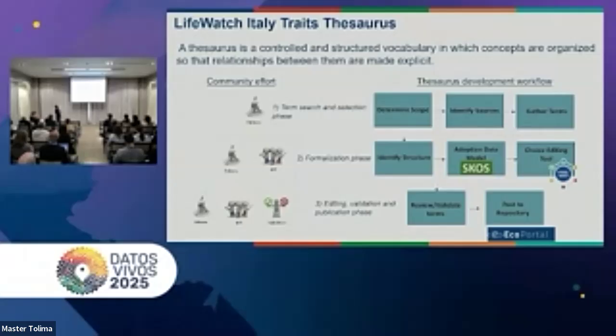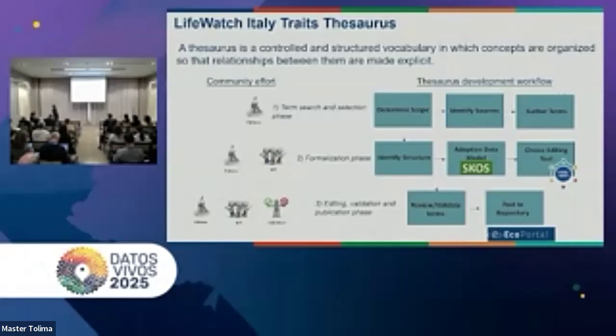A thesaurus is a controlled structured vocabulary in which concepts are organized so that the relationships between them are made explicit. It's also a community effort that needs different working groups with different roles and responsibilities in the development workflow.